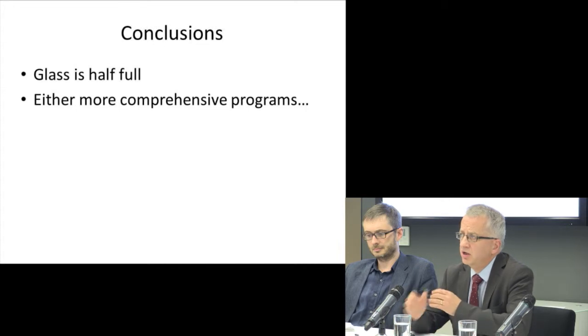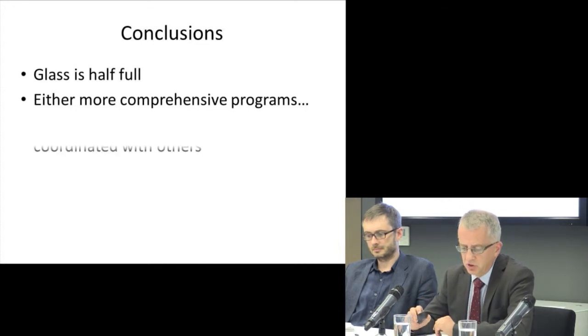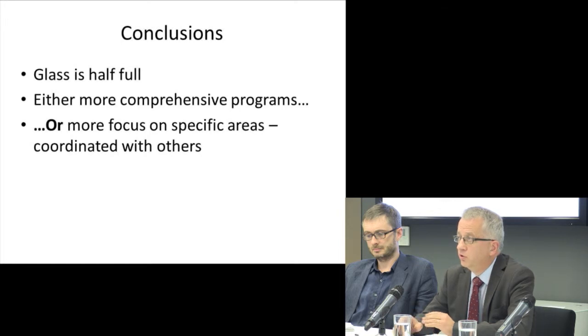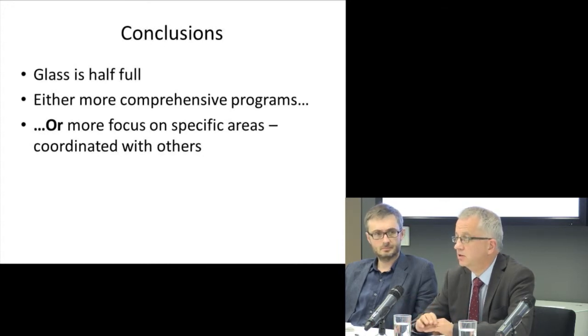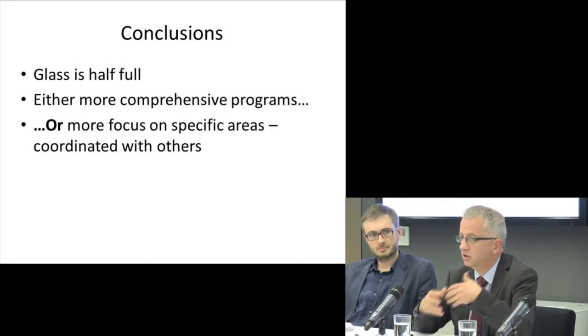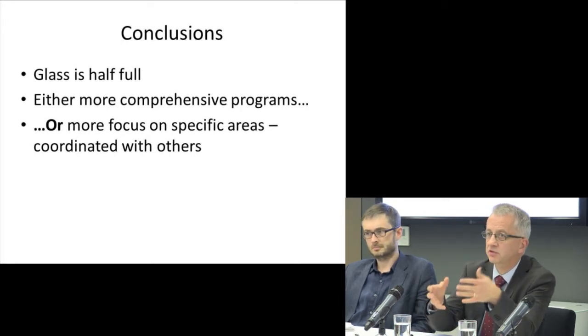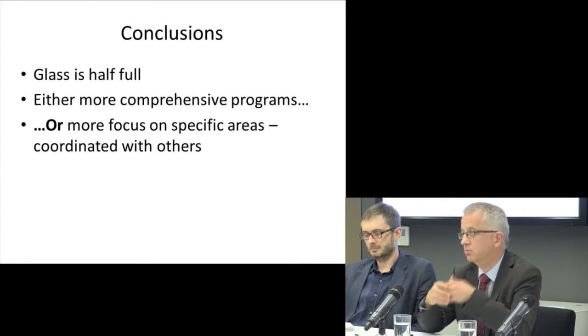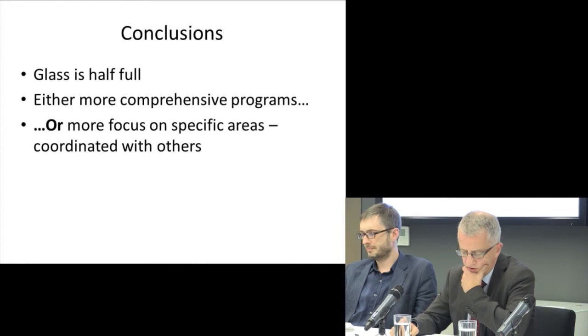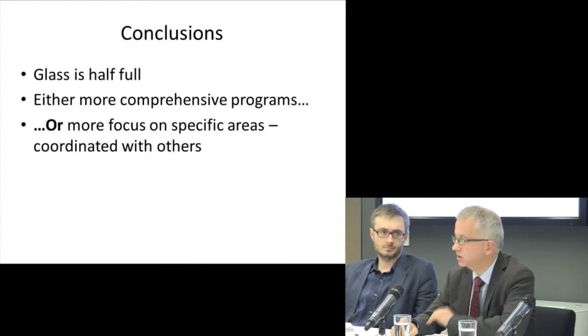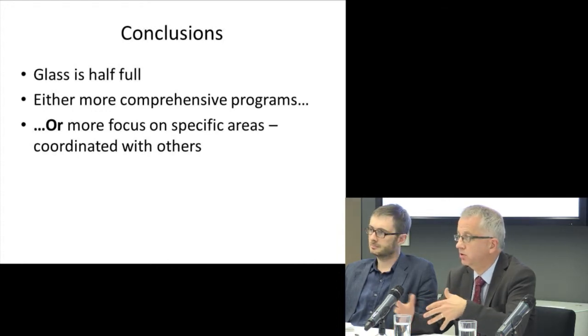And I think one should either go for more comprehensive programs or focus on specific areas to do what you're better at, but then you need to coordinate with others, don't you? You need to work with the government, see that here is an area where we can support, where we can put in something extra. And when I read all these documents, I don't find much of that discussion about coordination.